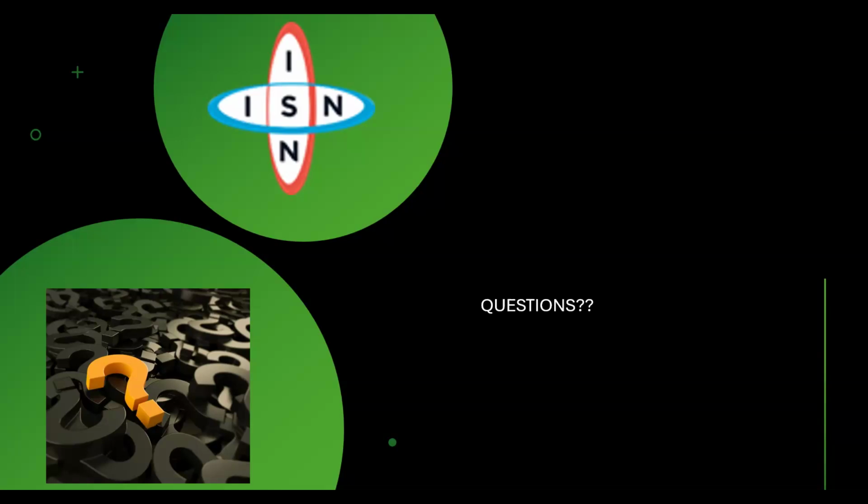The ISN application tech call is a recurring call, so you don't need to be registering every time. Once you've registered just once with that first link, you can keep joining with that same link. It's a bi-weekly tech webinar, so every 2 weeks we usually have one for different equipment. Today we talked on the Beckman Coulter DXH 500 series. Next week might not be the Beckman Coulter 500 series. Whenever we talk on any topic, we make sure that we answer any questions you have on that equipment.